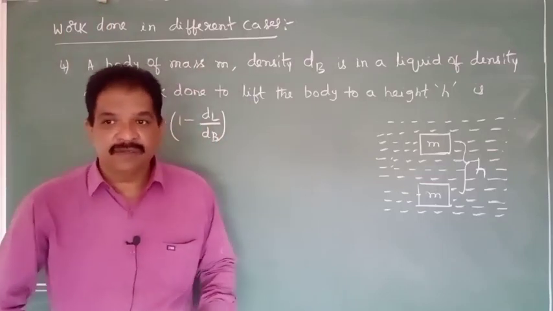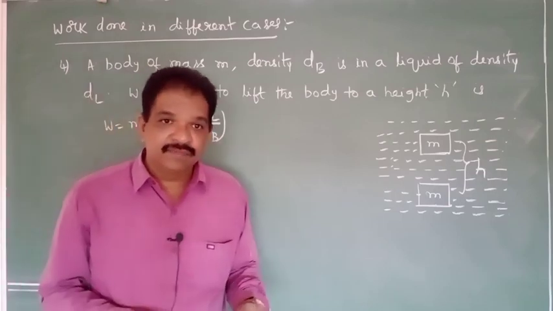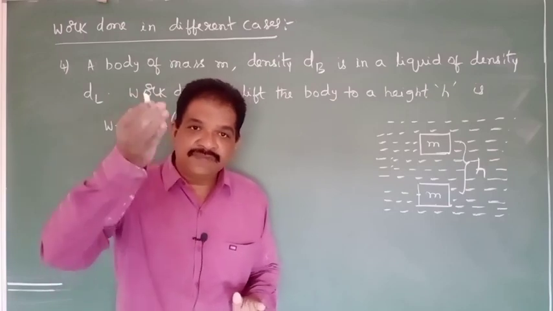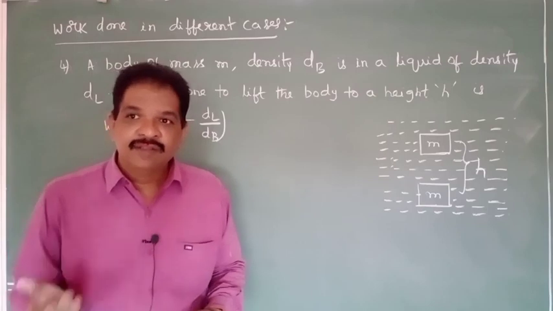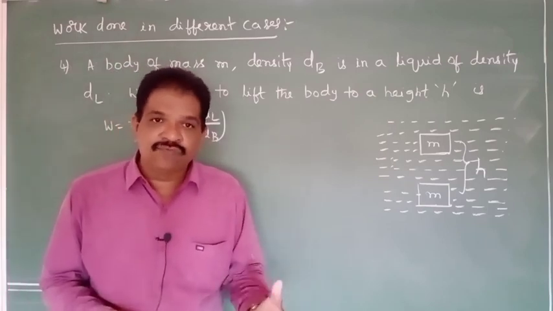Meaning, when that bucket is in the water, the upward force will help you to lift easily in the water. Whereas when the bucket comes into air, that upward force will disappear and you have to apply more force to lift that.